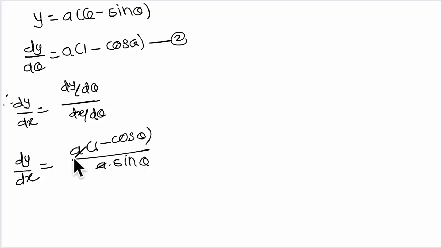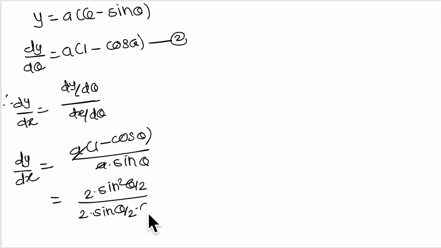So guys, a will get cancelled. 1 minus cos theta can be written as 2 into sin square theta by 2, and sin theta can be written as 2 sin theta by 2 into cos theta by 2. So one sin will get cancelled, 2 will get cancelled. So your final answer will be dy by dx equals tan of theta by 2.